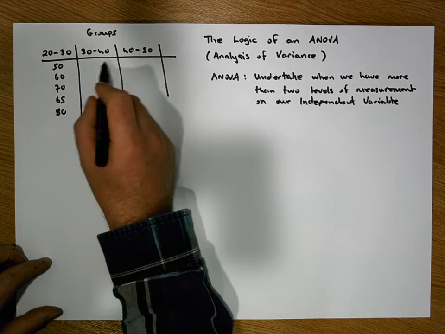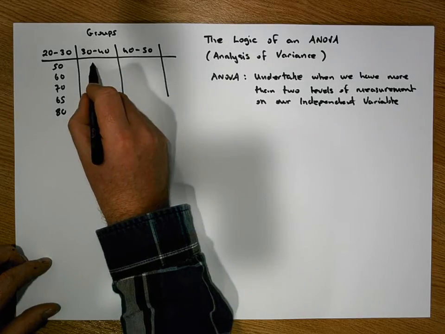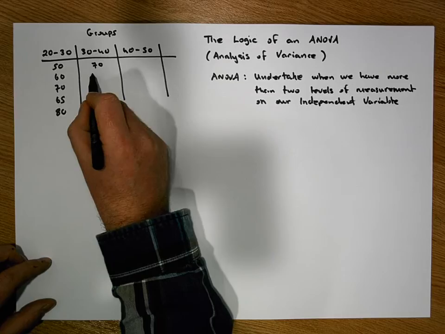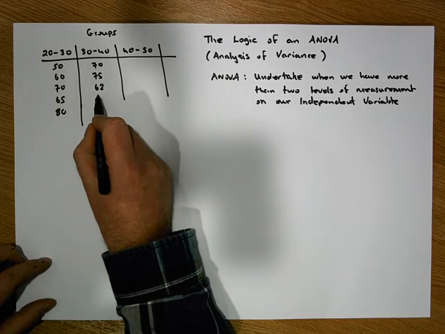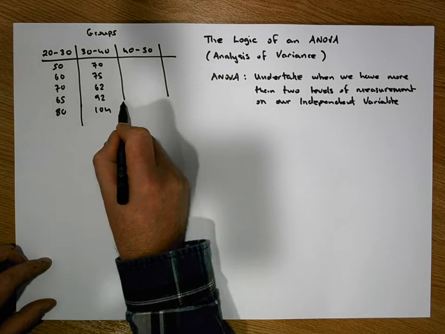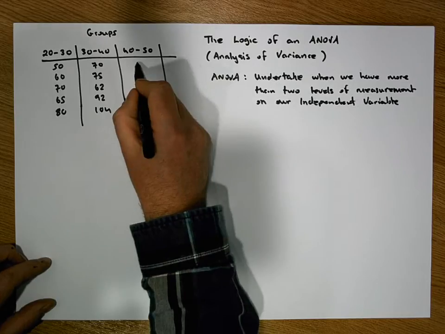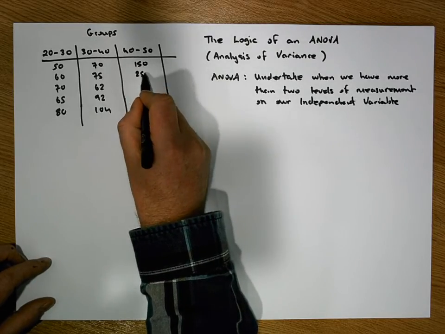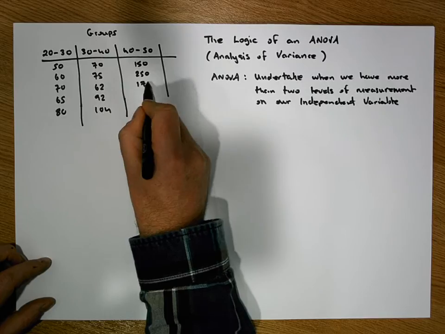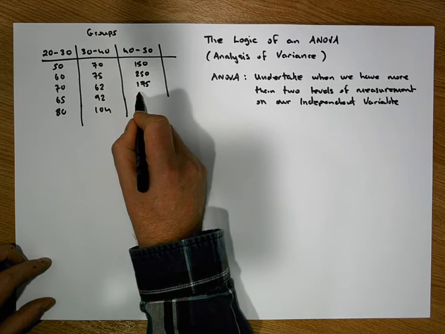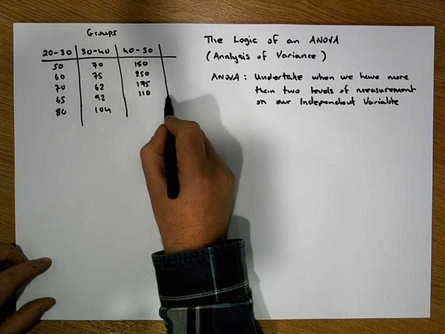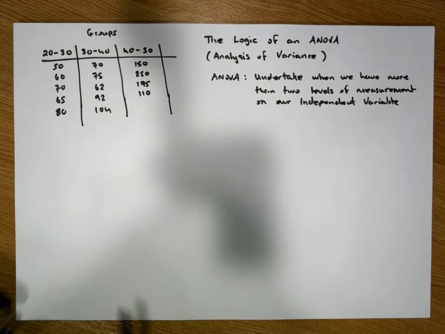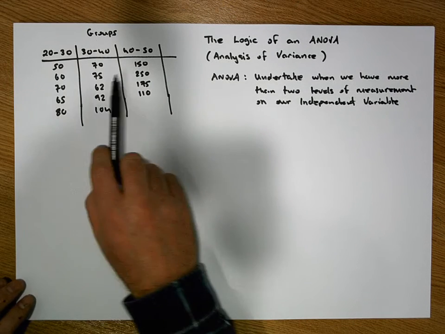Let's say the 30 to 40 year olds spent 70, 75, 62, 92, 104. And the 40 to 50 year olds spent 150, 250, 175, 110. So we have three groups.